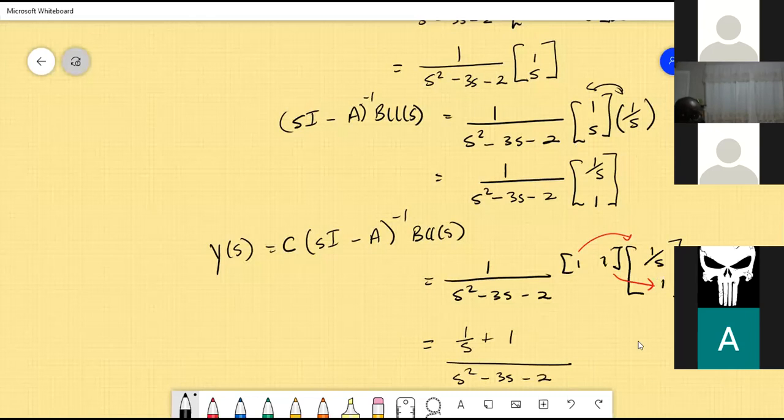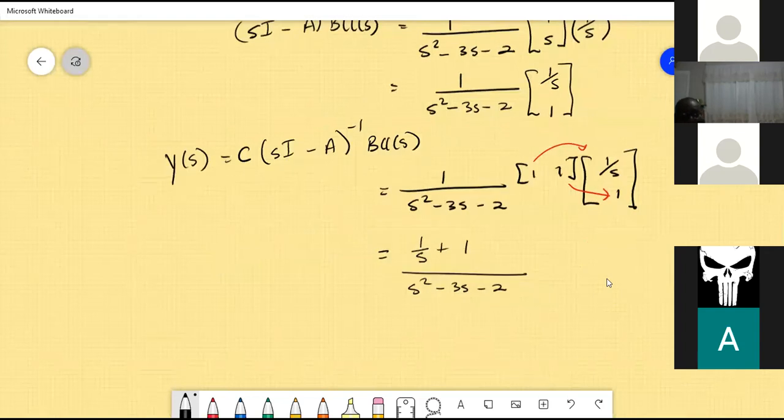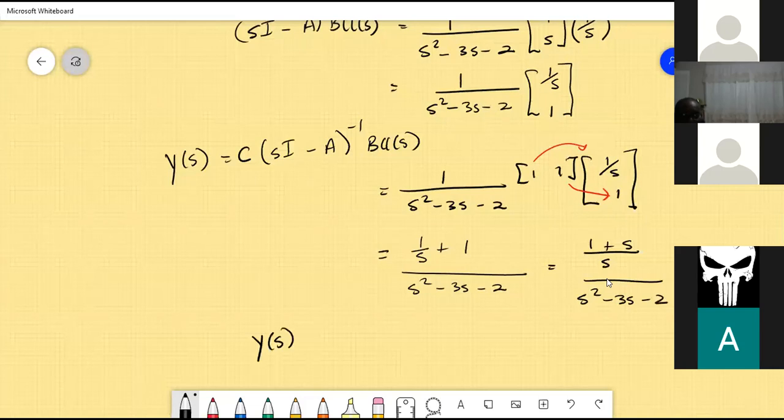So we're going to simplify that. We get Y(s) is going to be equal to, I'm going to spin this around, s plus 1 over s into s squared minus 3s minus 2.